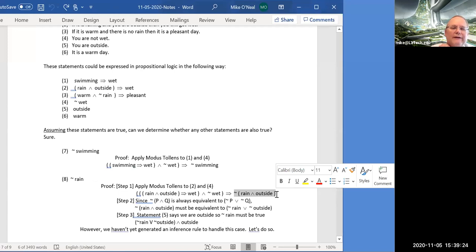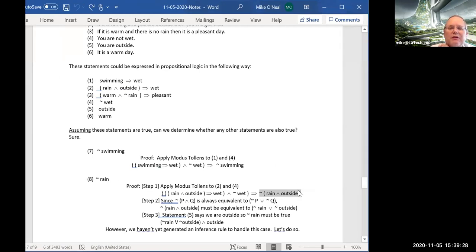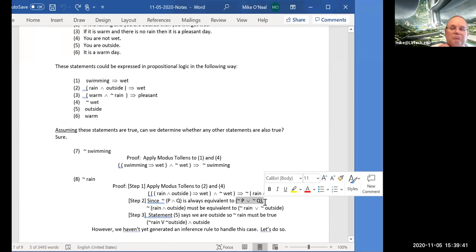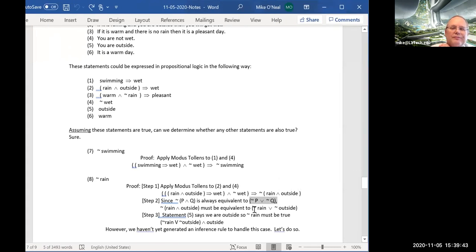Okay, cool. I can also simplify this statement to say that if I know that not both rain and outside, that translates into either not rain or not outside. Okay, so I've got not rain or not outside.